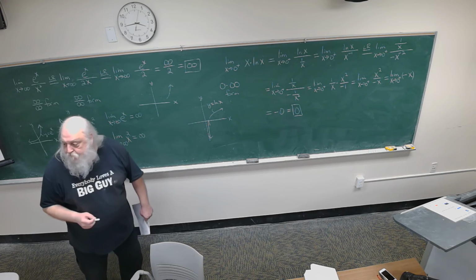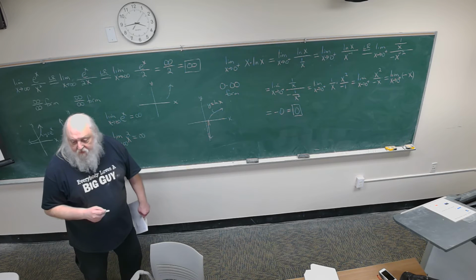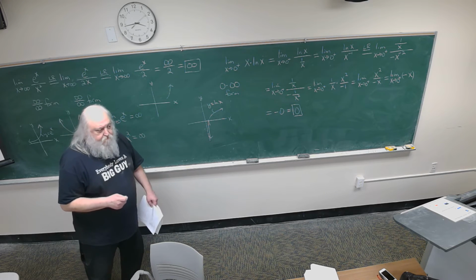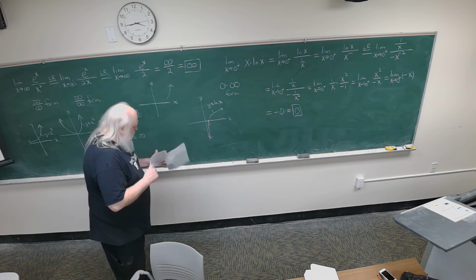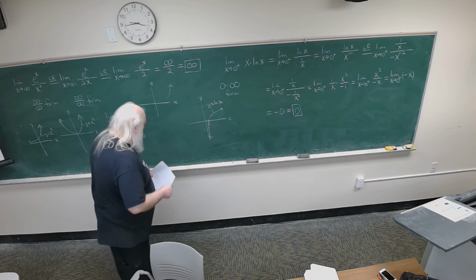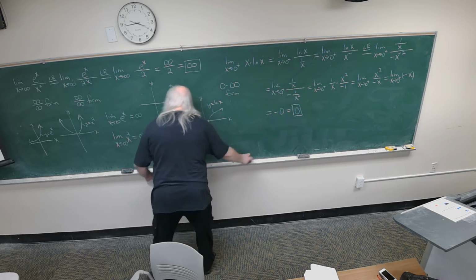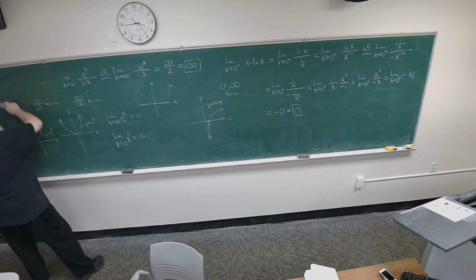Are you with me? It's got to be in 0 over 0 form or infinity over infinity form before you apply L'Hopital's rule. Now let's take a look at one that's infinity minus infinity form.